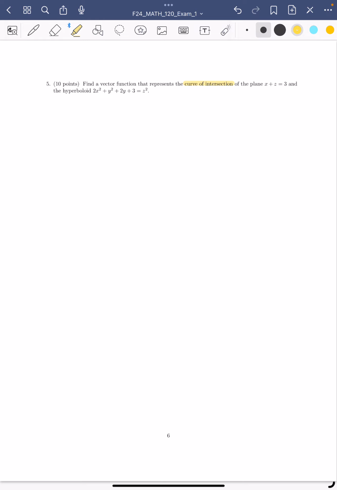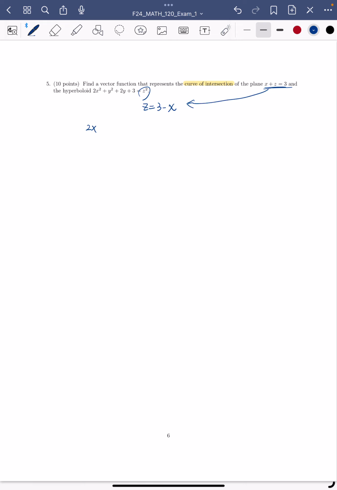There is only one z here, so it's probably a good idea to replace that z with 3 minus x, which is from the equation here, and see what we get. Because in this case, you'll get an equation that only involves x and y. So we'll get a curve of intersection.